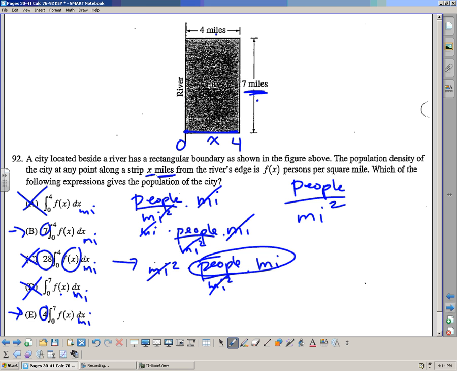So I want to be integrating from 0 to 4, and then multiplying that by 7 will give us this whole box. That's my variable of integration, from 0 to 4. So I choose choice B.